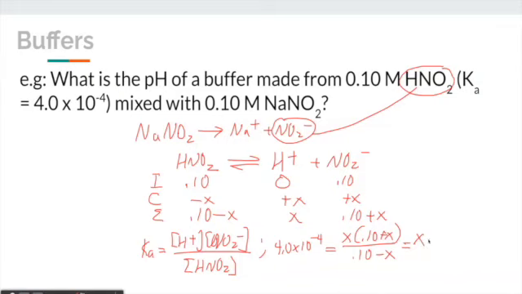So that means that the hydrogen ion concentration here, which is what X means in our chart, is actually just equal to the Ka value. So what's the pH? Well, the pH is negative base 10 logarithm of that then, 4.0 times 10 to the negative fourth, which is 3.40.